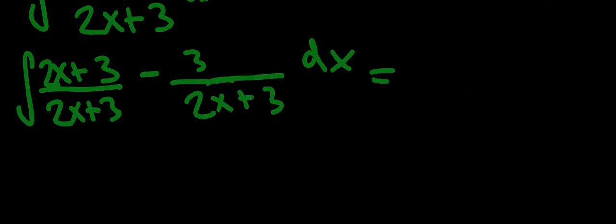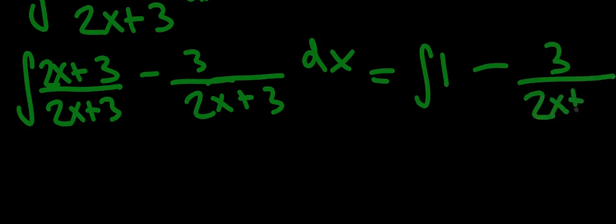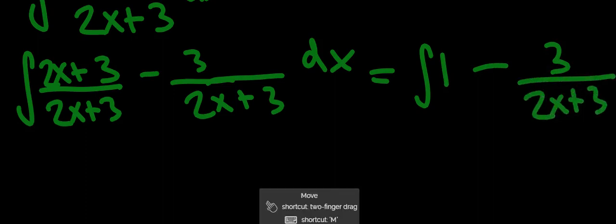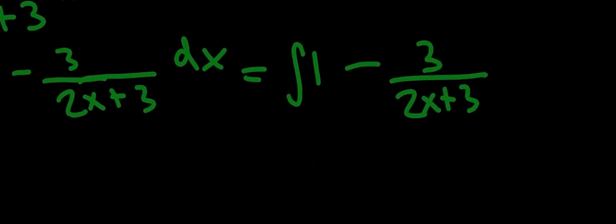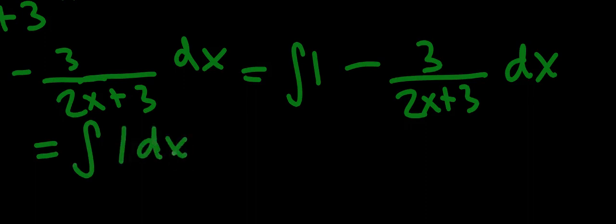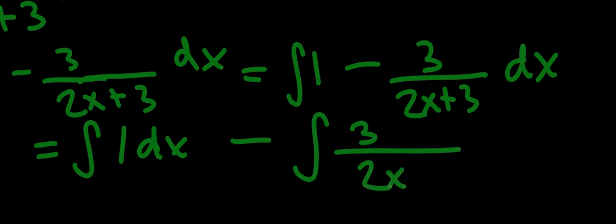And then 2x plus 3 over 2x plus 3 is 1, right? And then 1 minus 3 over 2x plus 3 dx. And now I'm going to solve for each separately. So then the integral of 1 dx minus the integral of 3 over 2x plus 3 dx.